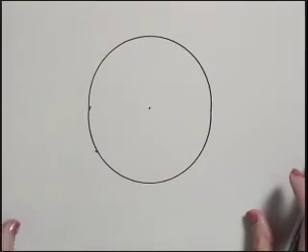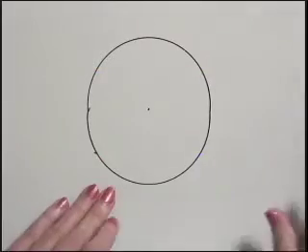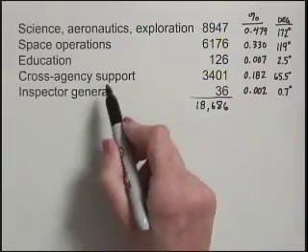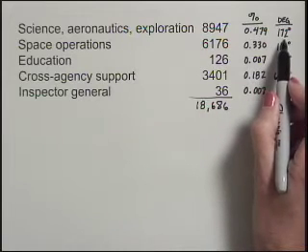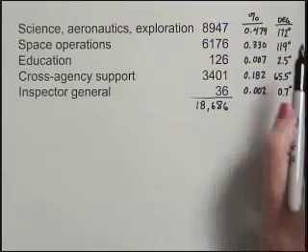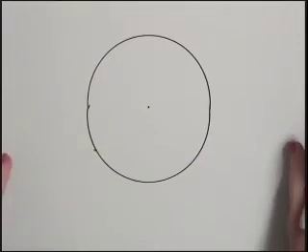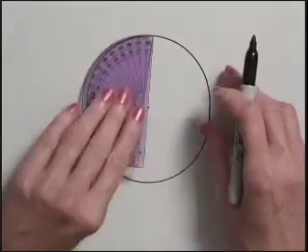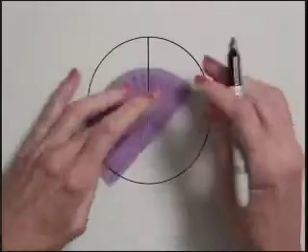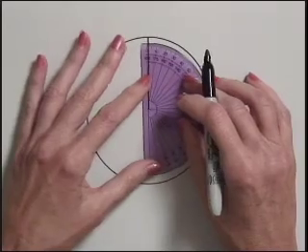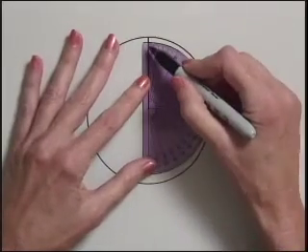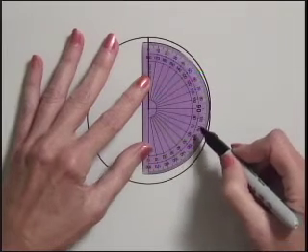Now, we're going to take the value that we came up with for the science, aeronautics, and exploration. We said we needed 172 degrees to represent that group. And we're going to go ahead and start with a vertical line or a radius drawn upward. And I now want to measure off 172 degrees. So using my protractor, I can start off with 0 here and work my way around.